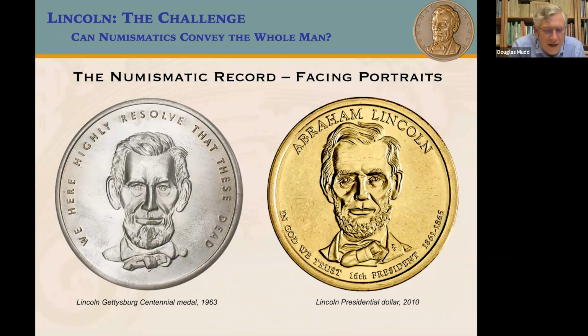Now we have the Gettysburg Centennial Medal from 1963, and this is an interesting medal because it's one of the few that shows a facing portrait as opposed to a three-quarter portrait, and you can see an element here of what I mentioned earlier, where Lincoln was often portrayed in cartoons as looking like an ape because of his prominent ears and his sunken cheeks.